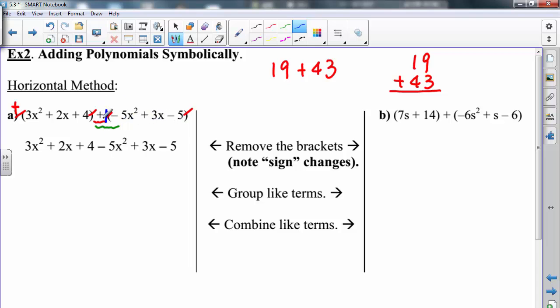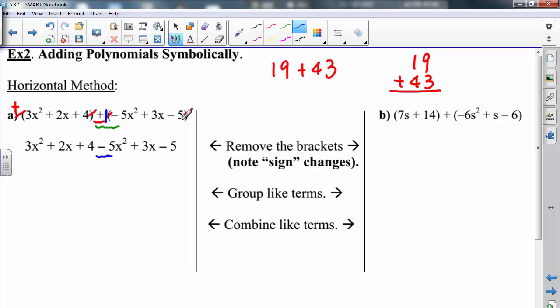So positive 1 times negative 5, it's negative 5. This is also called the distributive property. If you want to say, I want to distribute positive 1 to positive 3x, just go ahead. Because positive 1 times positive 3, it's still positive 3.